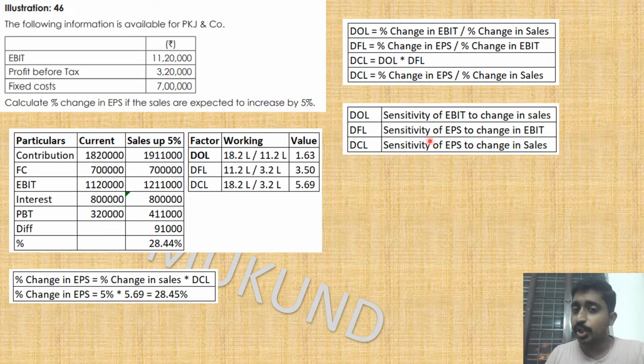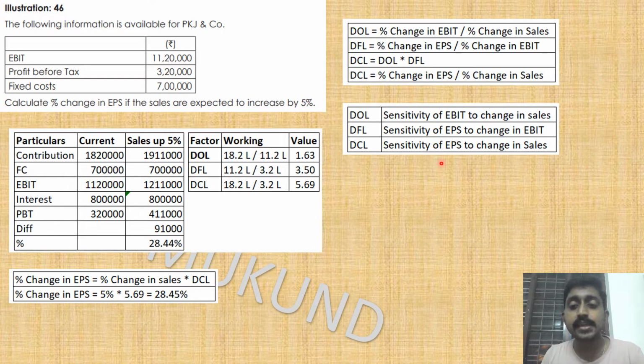And the sensitivity of EPS to the change in EBIT, so how sensitive is your earnings per share to the changes happening in the operating profit, that is degree of financial leverage. And when you combine these two, it becomes how sensitive is your EPS to change in the sales, and that will give you the degree of combined leverage.